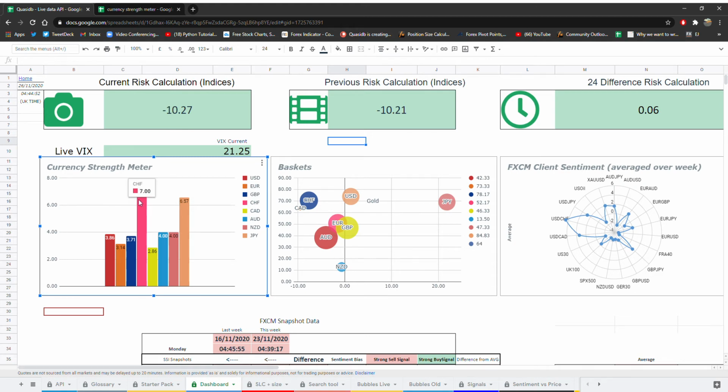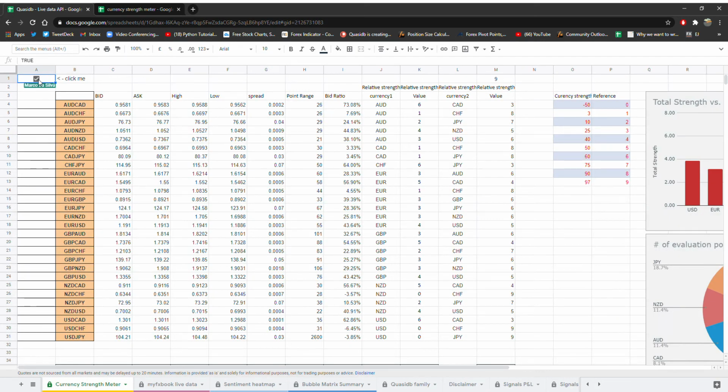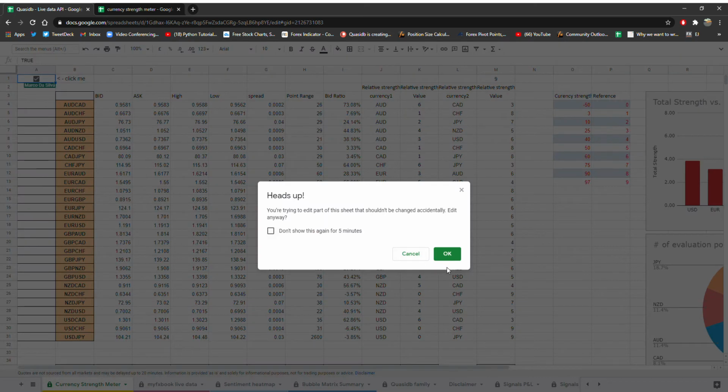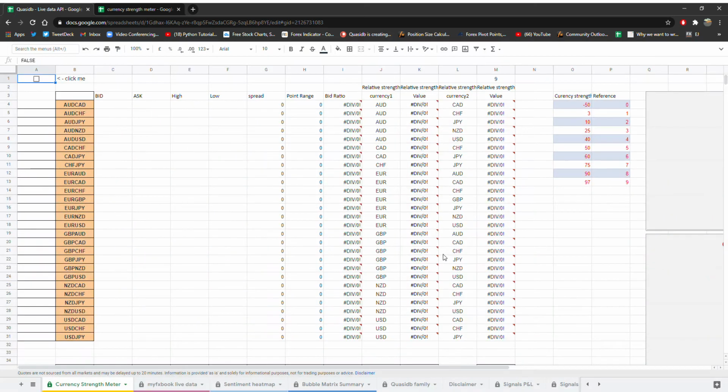In order for you to toggle this, it's quite easy. Of the multiple tabs at the bottom, you scroll right, there's a thing called the currency strength meter, and there's a checkbox up here. Click OK, and it resets the data, so it zeroes everything out.